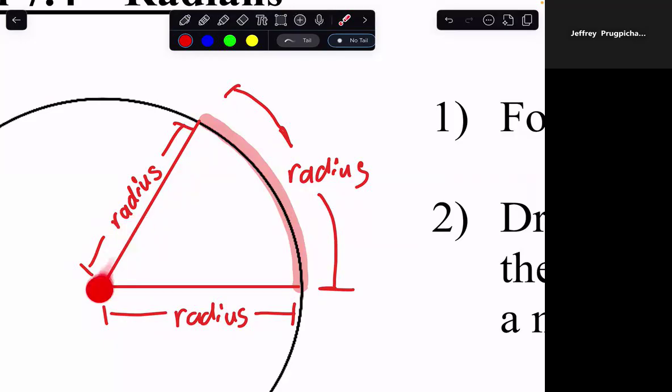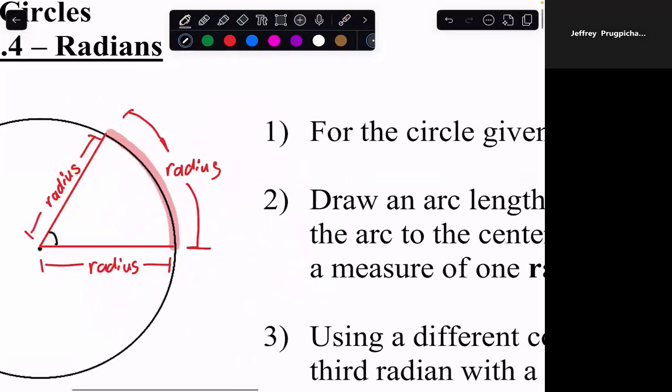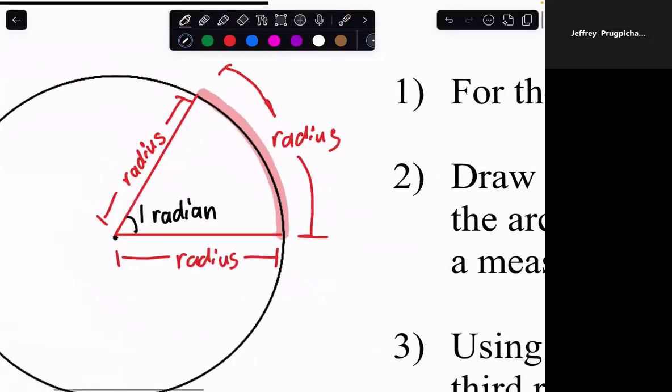Okay, so the angle that's formed at the center of the circle, the central angle, this angle is measured as 1 radian. This is an alternate way of measuring how wide an angle is.